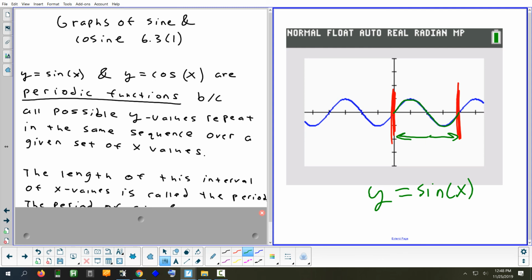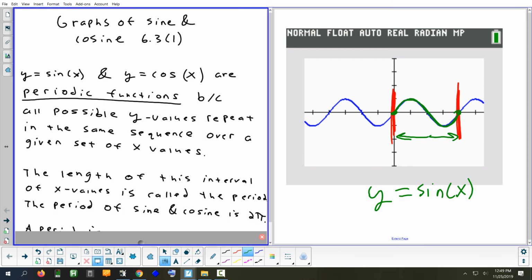Anyone have a guess how many degrees or how many radians it would take to go from here and get all the way back where you started? 360. It's kind of like the unit circle. It's 360, or in radians, 2 pi. So if you don't mess with it at all, the normal cycle length of a sine or cosine function is 2 pi.